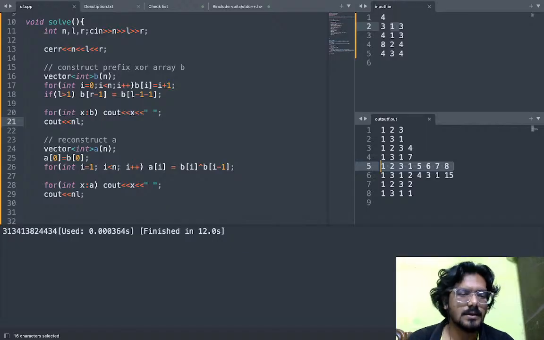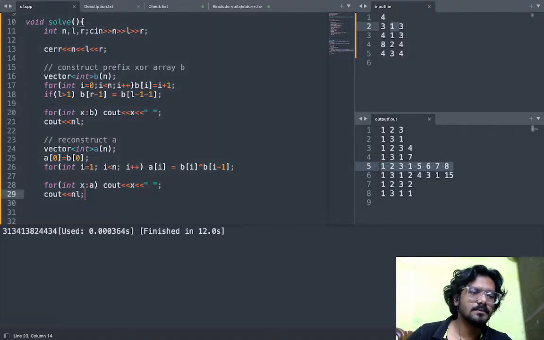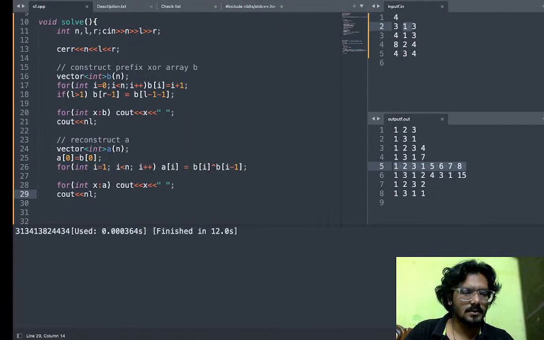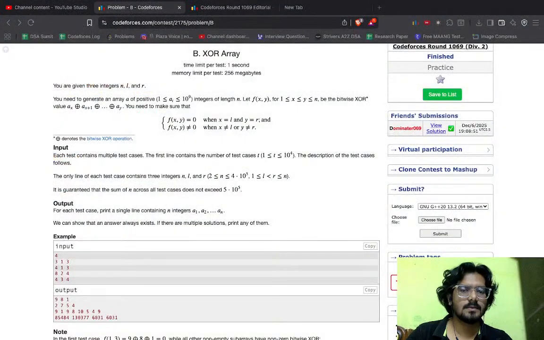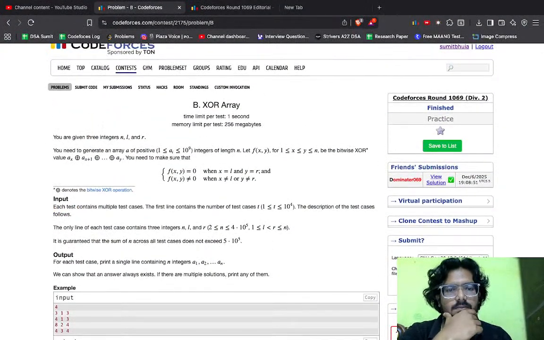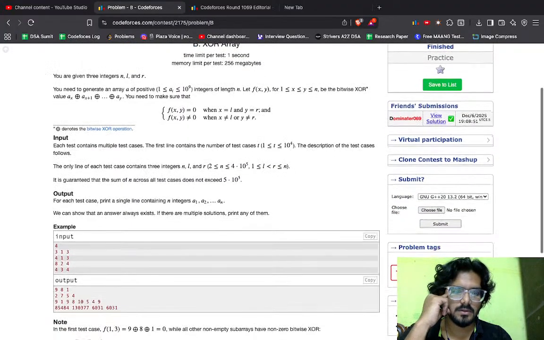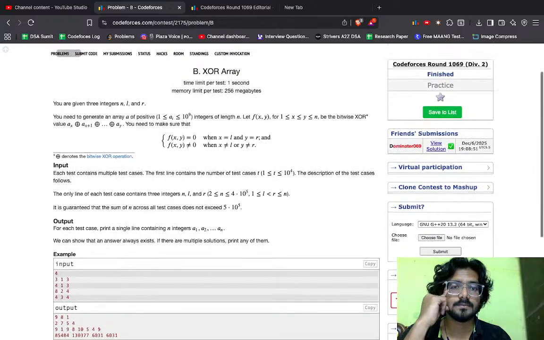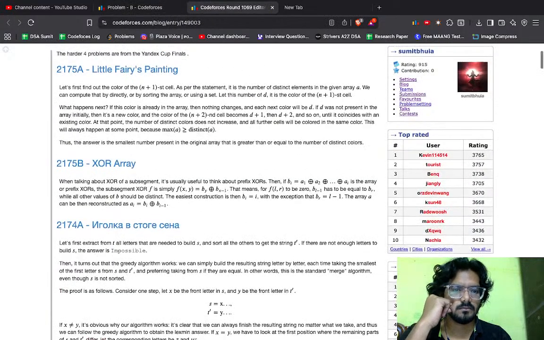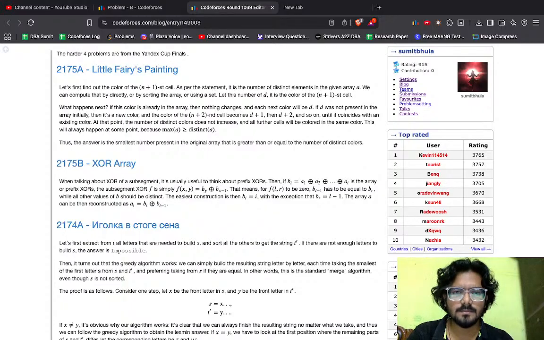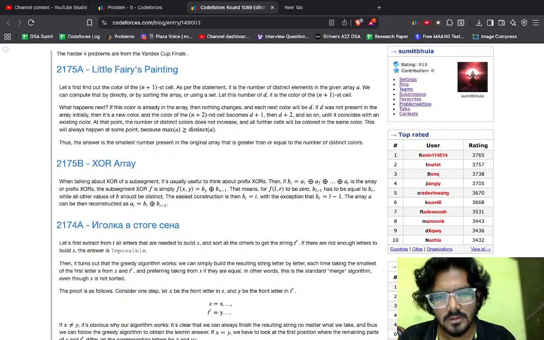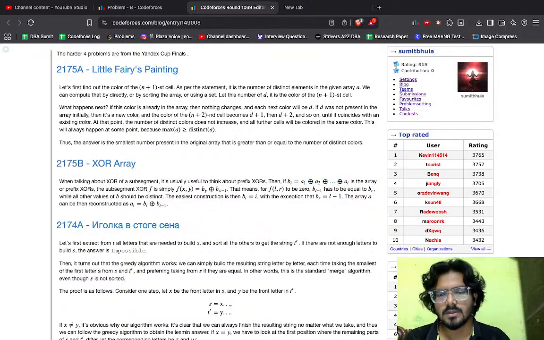upsolving for this one, last diff 2, couldn't solve this, so just said that we need to construct b i, that's okay.